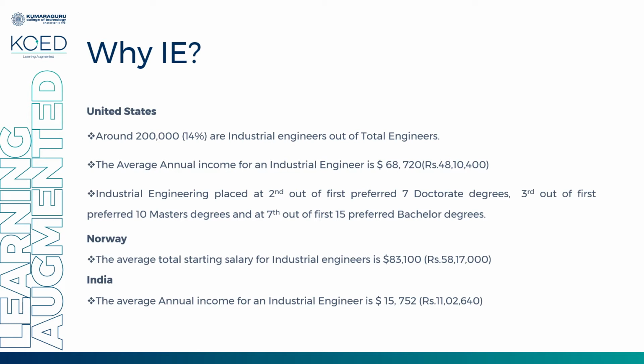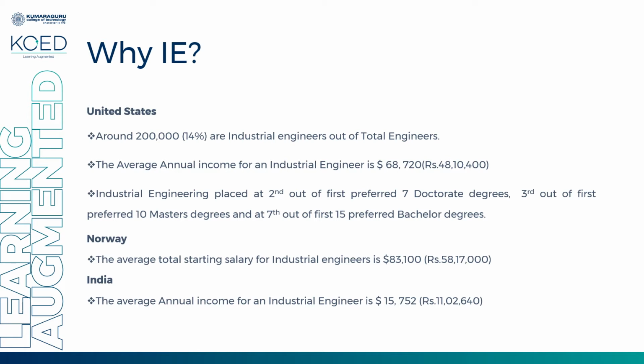The average annual income for an industrial engineer is around $68,720, approximately 48 lakhs in Indian rupees per annum.